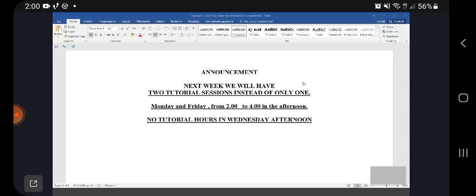Okay, we can continue, I think, with the tutorial exercises about the cash flow statement. Now, as you may have had the chance to see, the exercises are not all about requiring you to prepare a full cash flow statement.